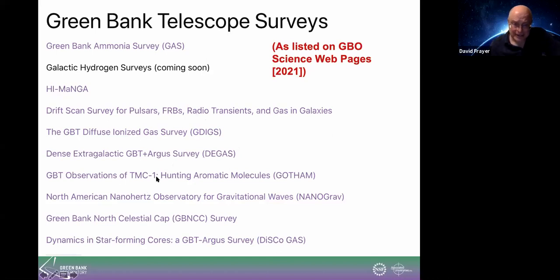Then we have a chemistry survey, GOTHAM, which builds upon PRIMOS, which is not on here anymore. It's a completed survey. The NANOGrav survey, related project. This is the Pulsar project, and then a higher frequency project, just to show some of the larger surveys.